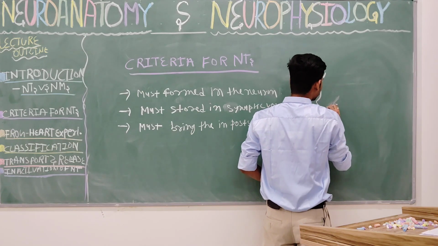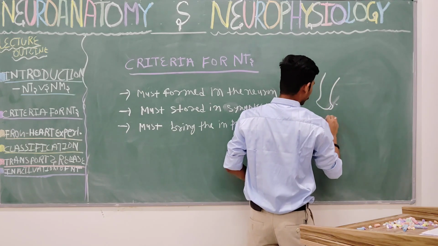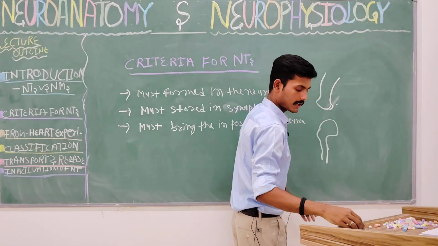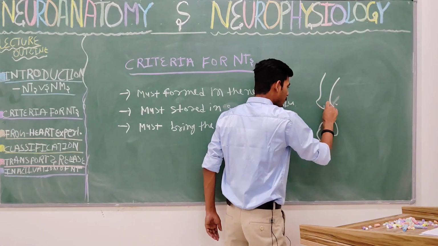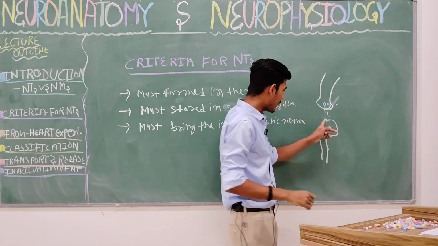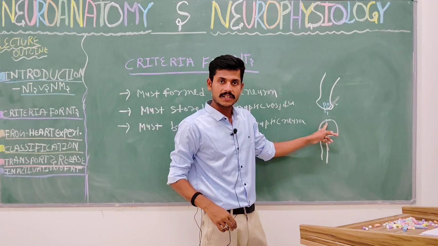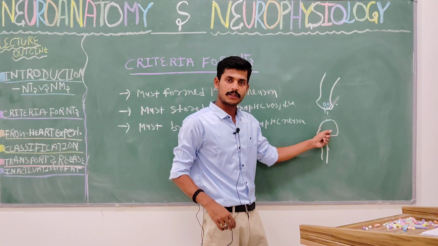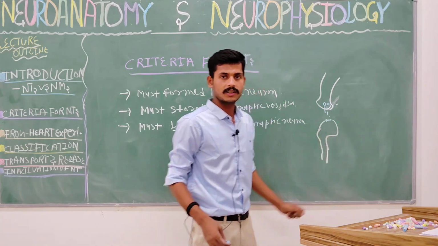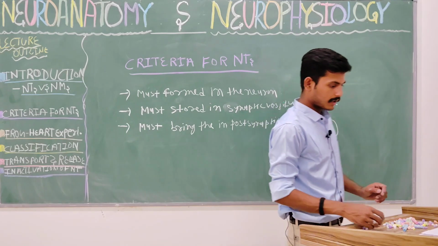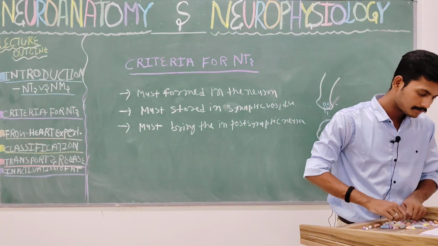These are the two neurons, and whatever is released from these synaptic vesicles must bring the change when it binds with its respective receptors, in this postsynaptic neuron. Otherwise we won't consider those chemicals as a neurotransmitter. Are you getting my points?